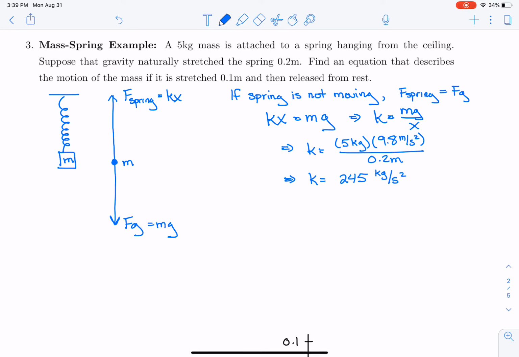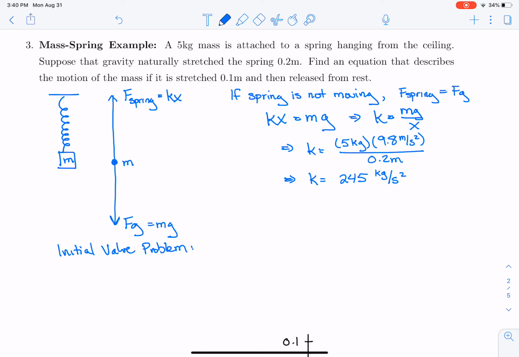Now, from that, we want to come up with an initial value problem. So what is our initial value problem going to be? Well, what's our differential equation going to be?